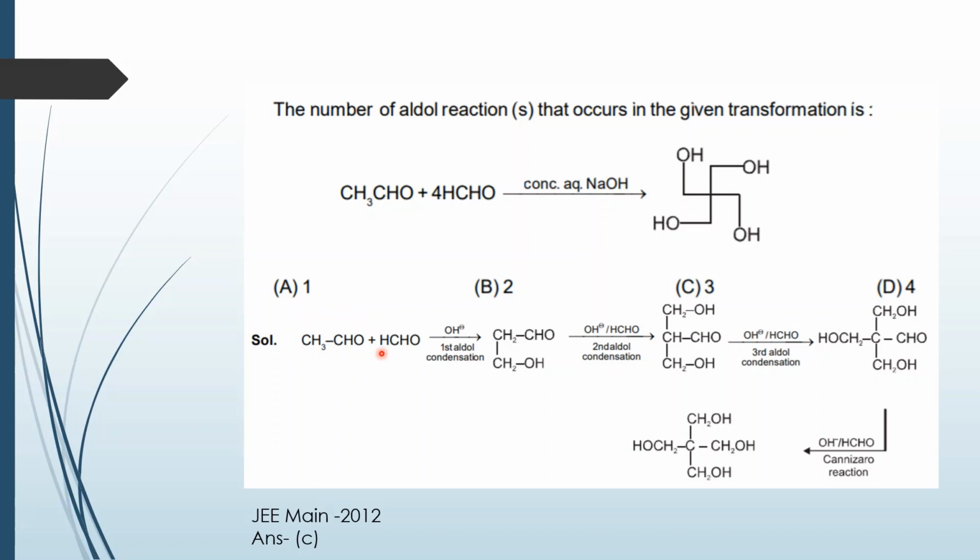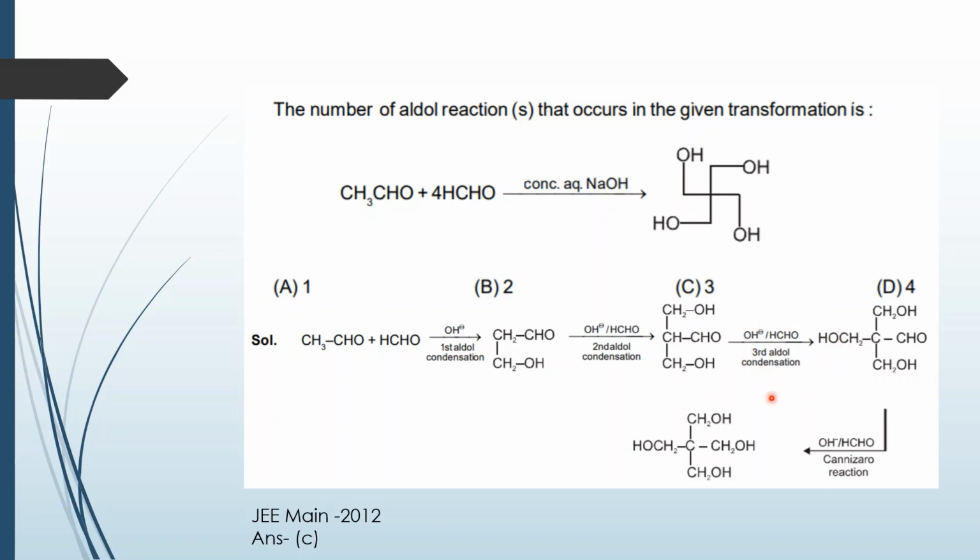So this acetaldehyde molecule reacts with the first molecule of formaldehyde. In presence of base, it will give you this product. In the second aldol condensation reaction, another molecule of base reacts with this product which we have got from the first aldol condensation, and will give this product.